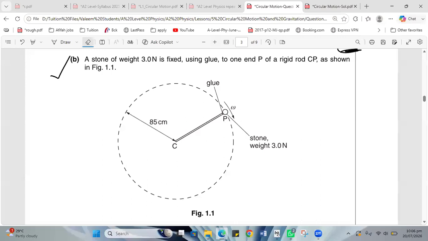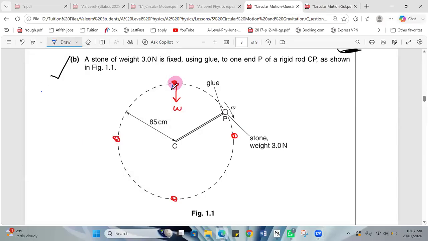See, let's take 4 points: 12 o'clock, 6 o'clock, 3 o'clock, 9 o'clock. Let me start with the point at 12 o'clock. What are the forces acting on the stone? Number one is the weight, which is always downwards. Anything else?